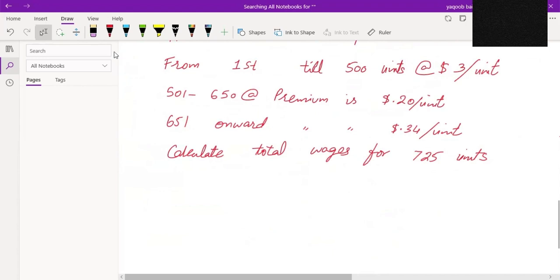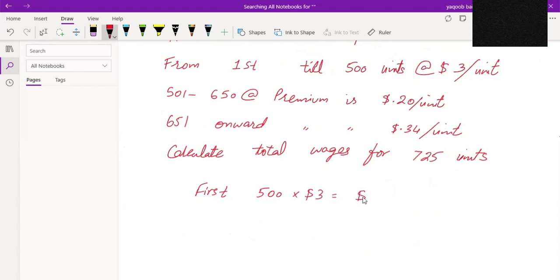So how to calculate total wages for 725 units? 1 to 500, first 500 at $3, 1500. From 501 till 650, next 150 into base rate 3 plus premium of 0.2.